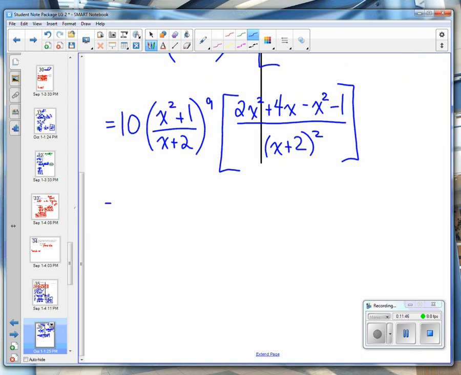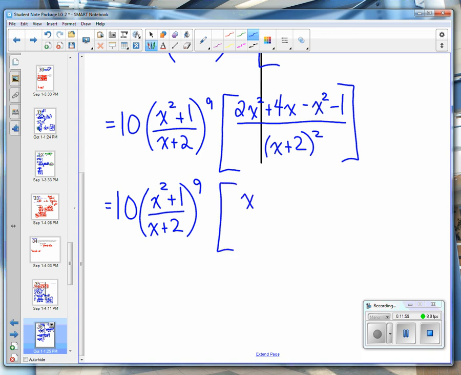Let's keep going. 10 times x squared plus 1 over x plus 2 to the power of 9 times, I've got 2x squared minus x squared is just x squared plus 4x minus 1 over x plus 2 squared. Now you might get all excited and think, ooh, that numerator, we can probably factor that.